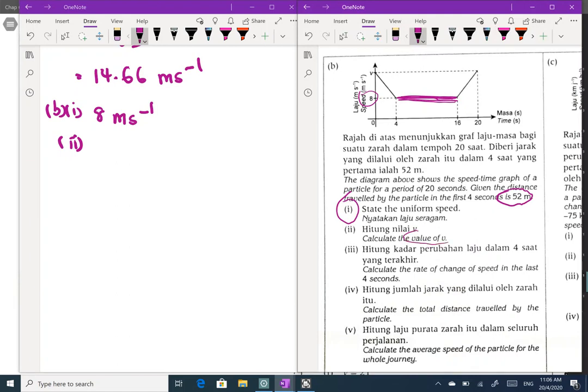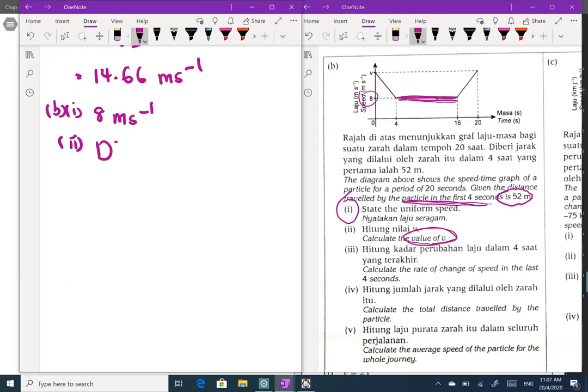Calculate the value of V. The value of V we can get from this one. I know the distance for the first 4 seconds is 52.